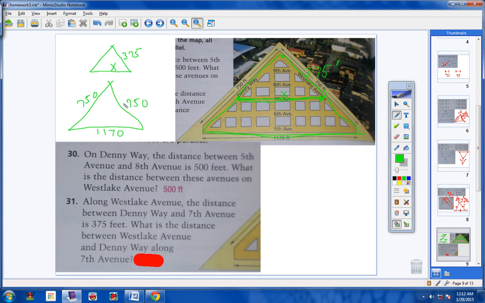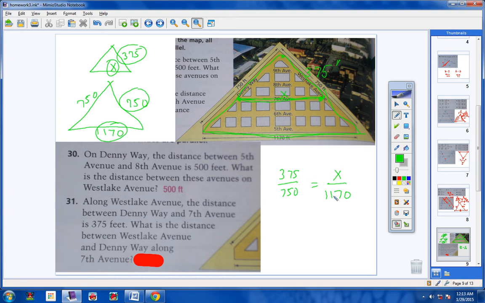So here we go. I'm going to put 375 over 750. So this side over this side equals X over this side. X over 1,170. Now, I could reduce the fraction, 375 over 750, but I'm just going to get my calculator and multiply this out and be done with it.